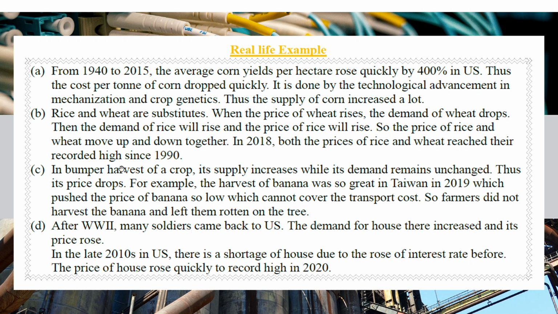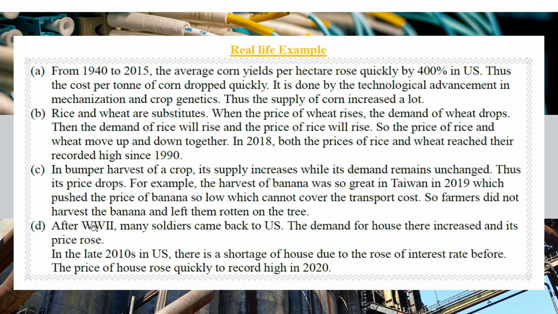In a bumper harvest, a great harvest of crops, the supply increases so much that the price drops, even under the cost of harvest. For example, the banana harvest in Taiwan in 2019 was so great that the price was so low they could not even cover the transport cost. So the farmers did not harvest it, because they would lose money if they harvested and transported it out.